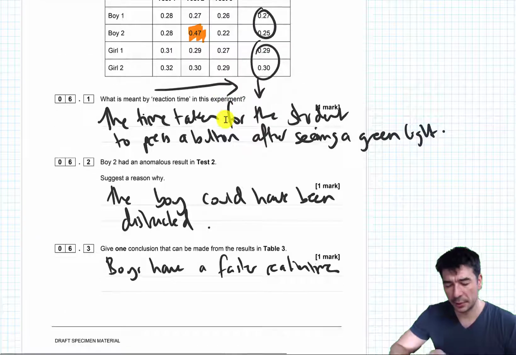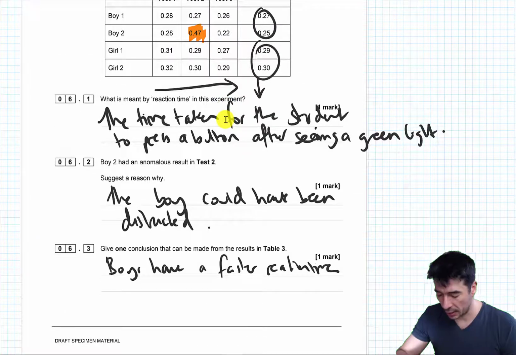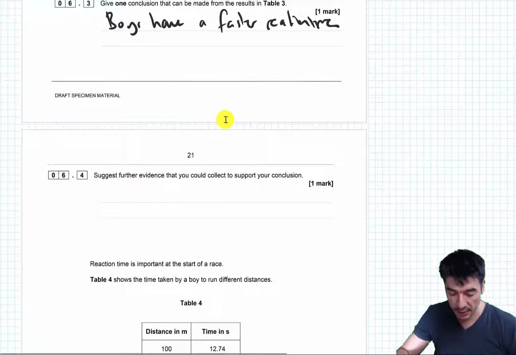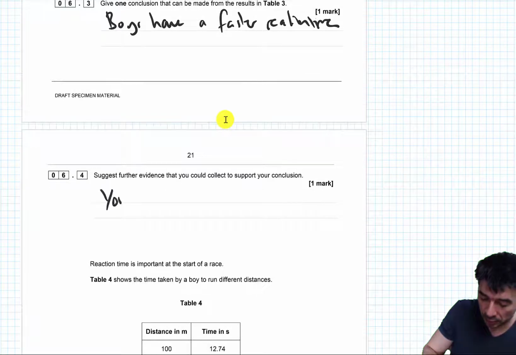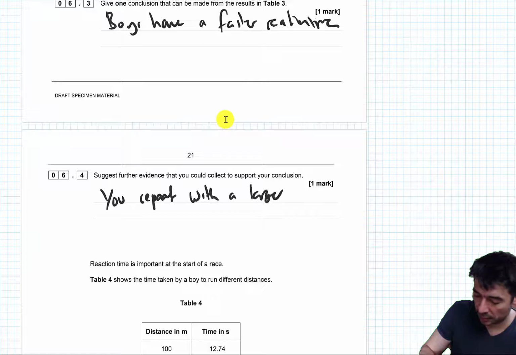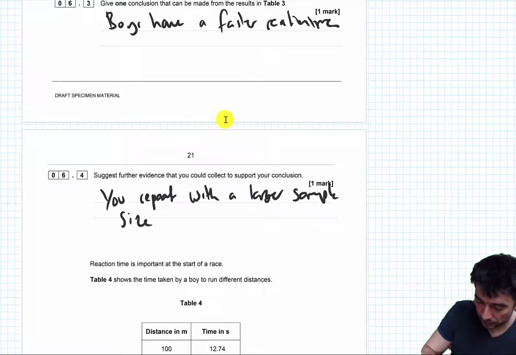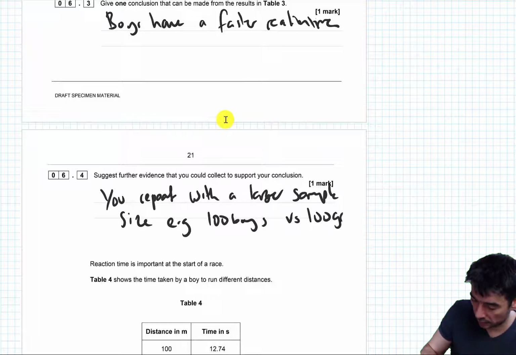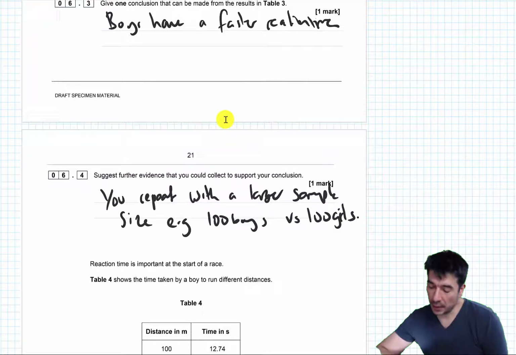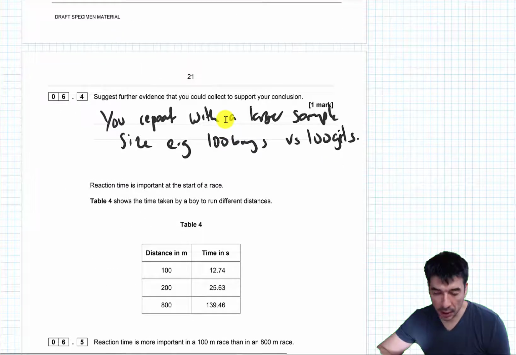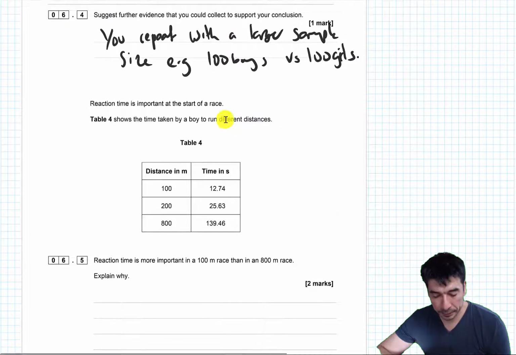Well, we've only compared 2 boys to 2 girls here, so I think you would need a larger sample size. So you could repeat with a larger sample size, e.g. 100 boys versus 100 girls. Okay, so that would certainly make it a more reliable test.